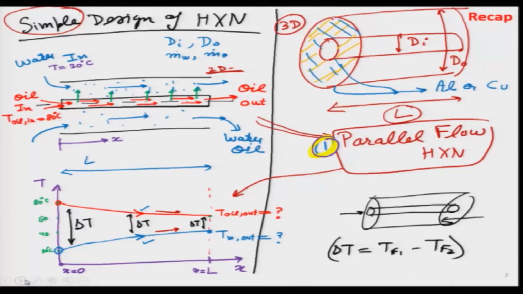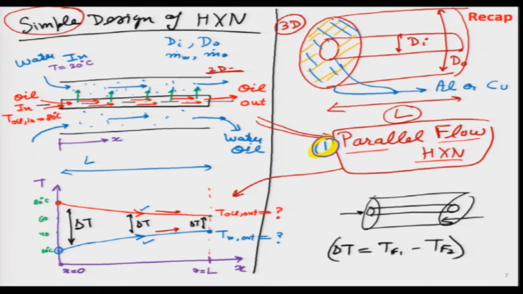So, we looked at the simplest form of the design of a heat exchanger that we can think of, and the first case that we looked at was the parallel flow heat exchanger, in which the hot fluid shown in red color flows from left towards the right, and the cold fluid shown in blue color, which was water, also flows from left towards the right.